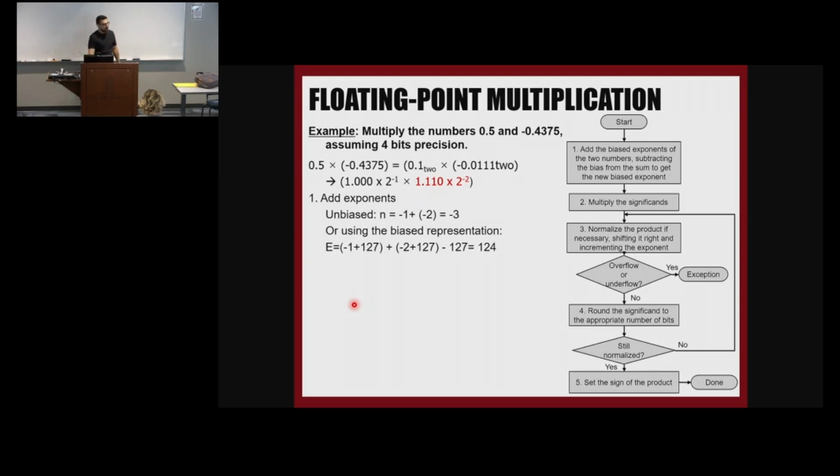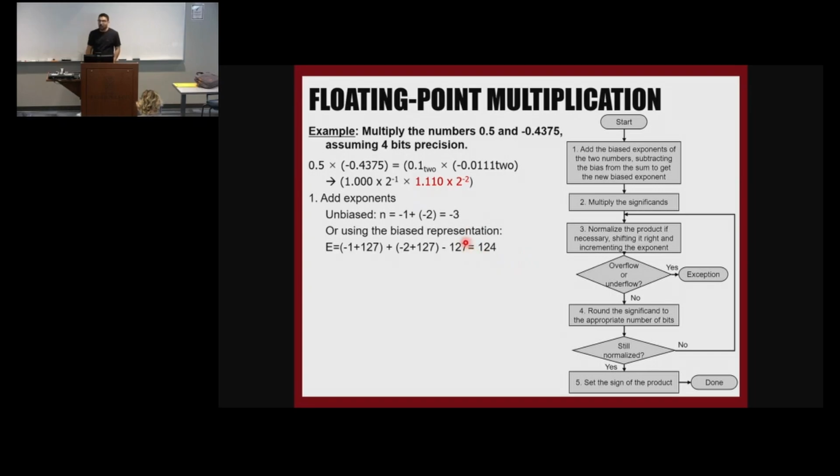In the unbiased case, we have -1 plus -2 equals -3. If we want to have the bias, we have to add the bias of 127 to this one, and again another 127 to this one, and take out one of them to have a biased exponent. So your end result is going to be 124. Another way of doing it was simply adding these two exponents and adding a bias to it. You would get 124 as well.